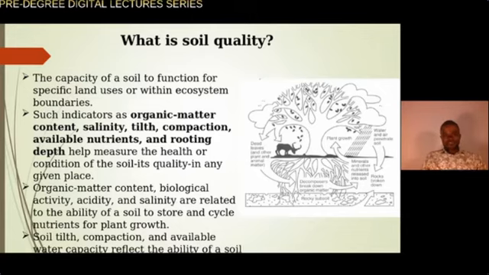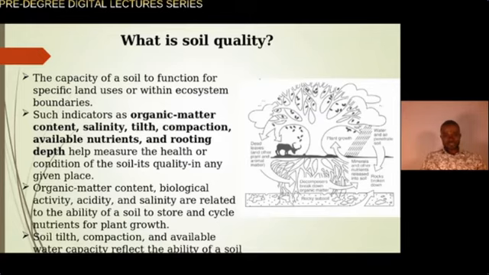Such indicators as organic matter content, salinity, tilth, compaction, available nutrients, and rooting depth help measure the health or condition of the soil in any given place.